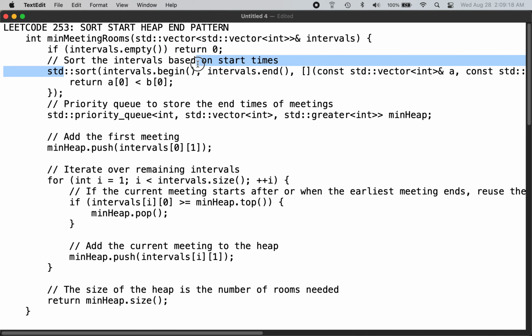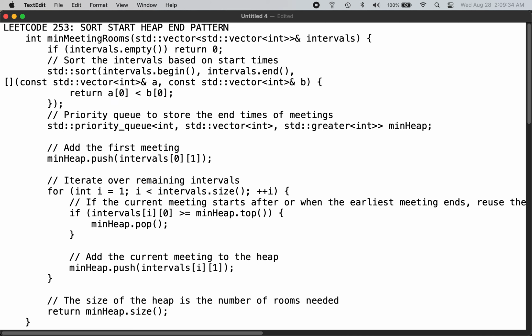Then you sort the intervals based on the beginning time, so a0 is less than b0. Let me bring down the lambda function, I think it is clearer. For sorting, you can pass in a lambda function, which is an unnamed function that has code in it.